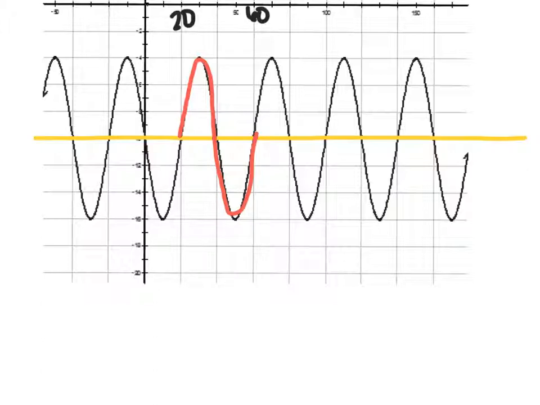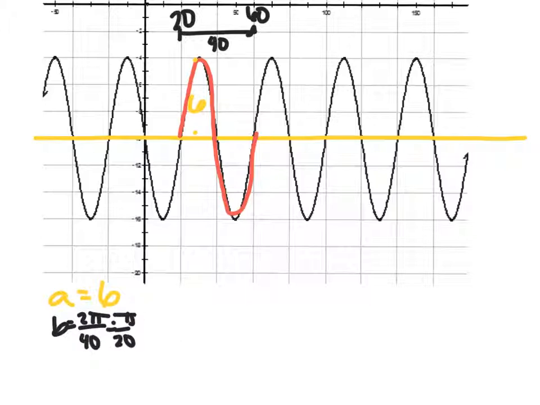So my amplitude goes from -10 to -4. So my amplitude is 6. My period goes from 20 to 60. So that's 40. So 2 pi over 40 gives me pi over 20.